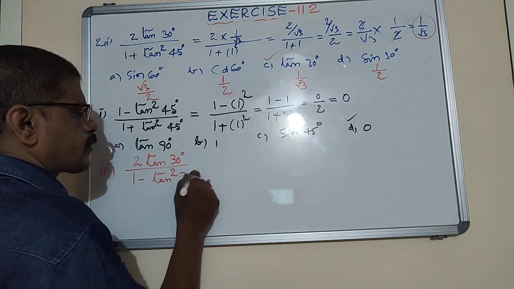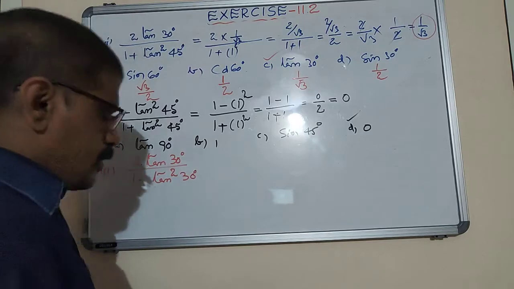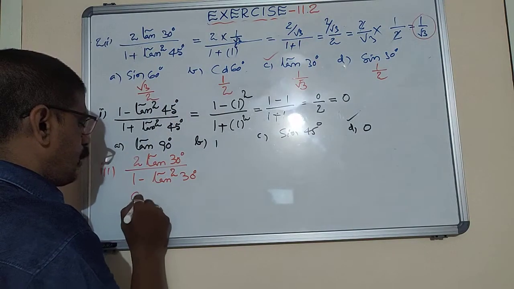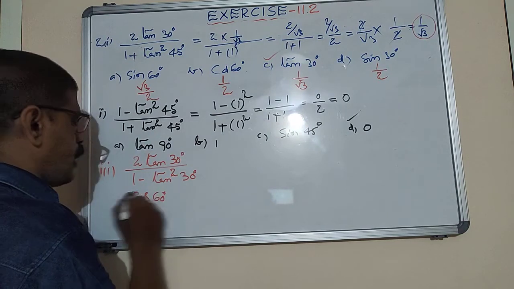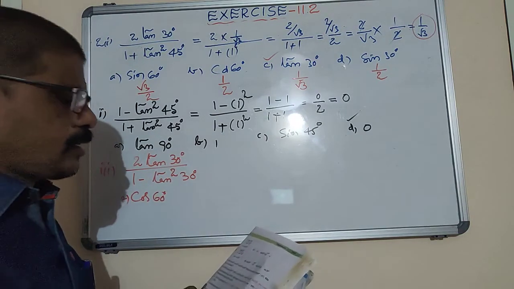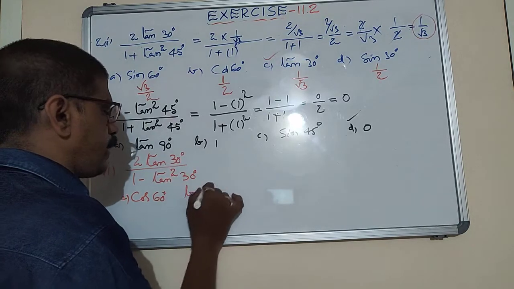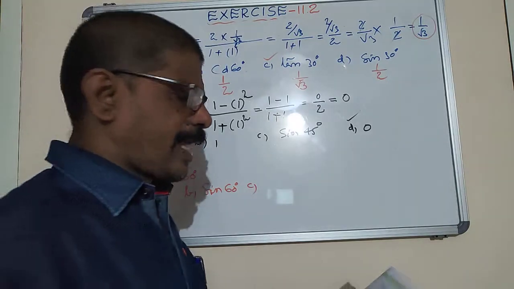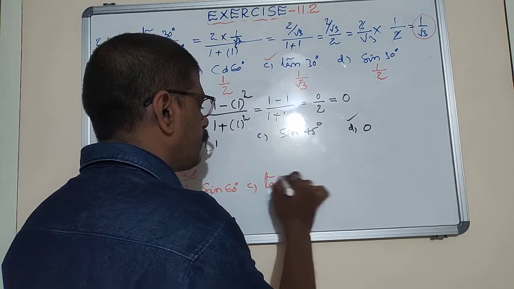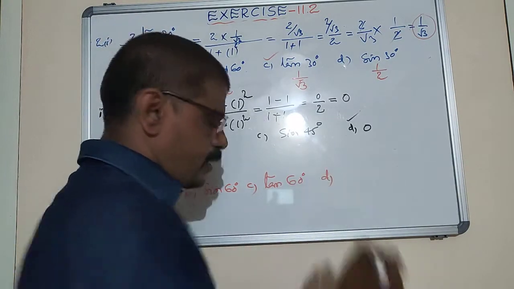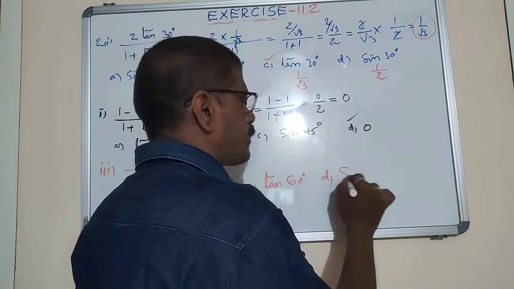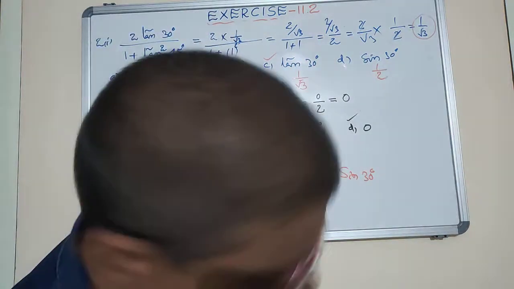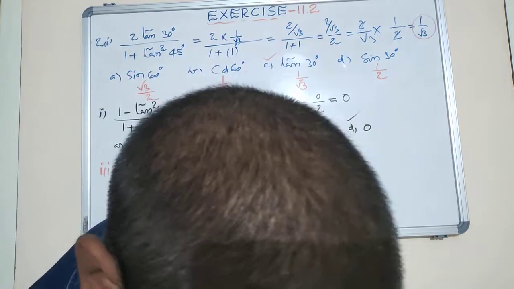Okay, so options are given to be: option A cos 60 degrees, option B is sin 60, option C is tan 60, option D is sin 30 degrees. Okay, now which is the correct answer?